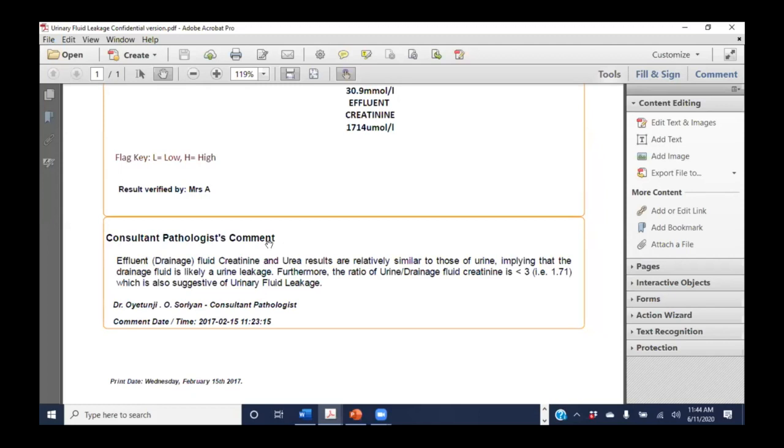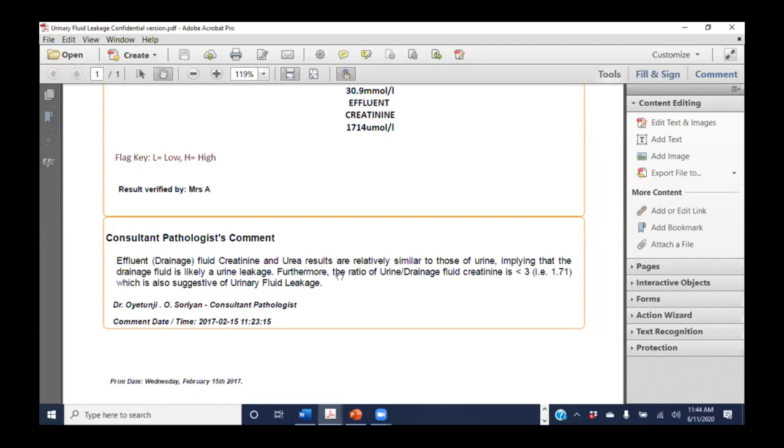So they knew they were going to open up and have to do a bladder repair, just from the biochemical tests. That was very helpful to them, and the patient recovered fully and went home. The results showed that the ratio of urine to drainage fluid creatinine was less than 3, which is strongly suggestive of urinary leakage.